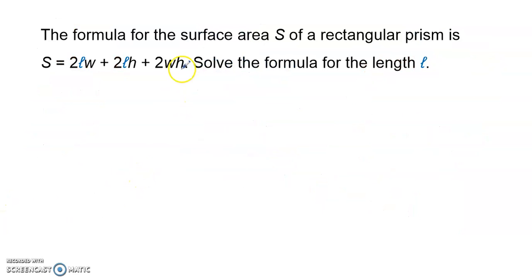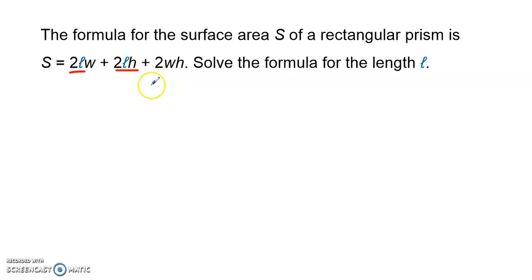Okay, the formula for the surface area S of a rectangular prism is S equals 2LW plus 2LH plus 2WH. Solve the formula for the length L. So we want L by himself. So everything that does not have an L needs to go to the other side right now. So these ones both have L, so we're going to keep them here.